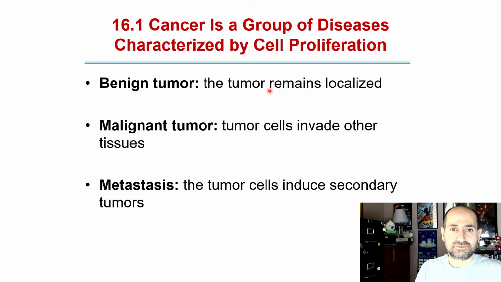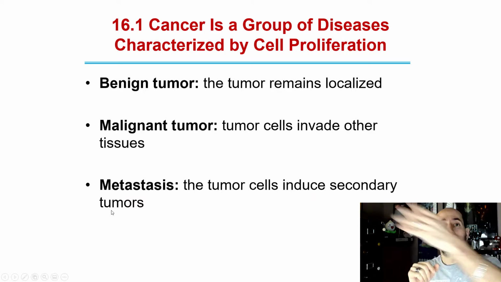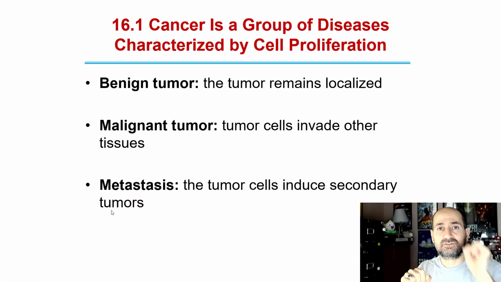A benign tumor is a tumor that remains localized. So when they say a benign tumor, a tumor formed, but it didn't progress past that. It didn't metastasize. Remember what metastasis means: the tumor cells induce secondary tumors, which means they spread to other locations and start a new tumor.